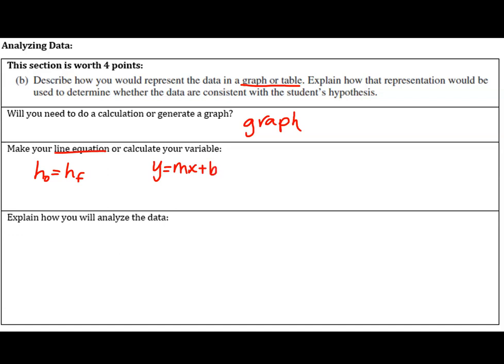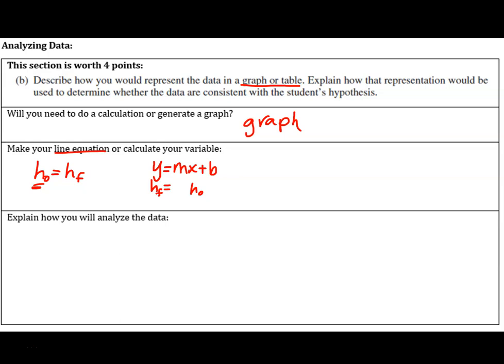What I am changing is my independent variable, my x variable. I am changing my initial heights, so x is going to be my initial height. What I am measuring is the dependent variable, the y variable, which is my final height.